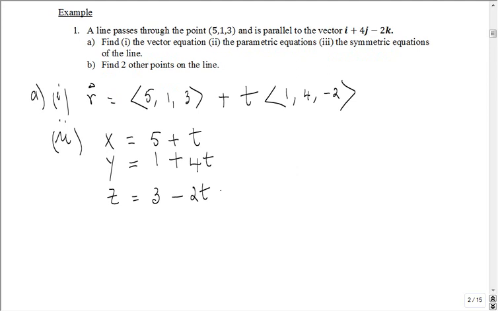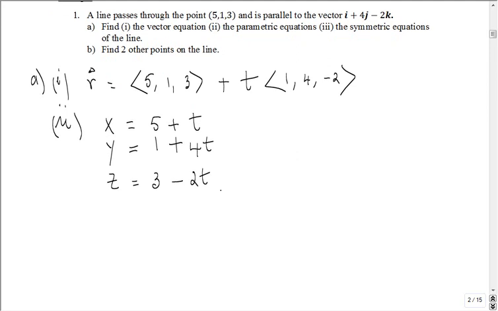And then finally, the symmetric equations, part 3. All you want to do is to solve for t in each equation and put the results equal to each other.